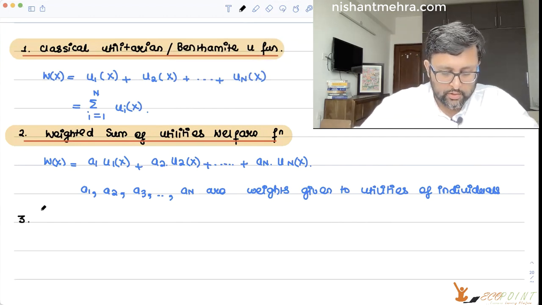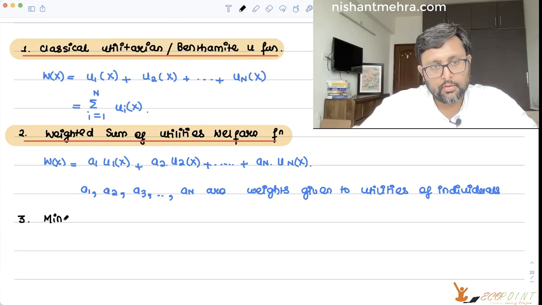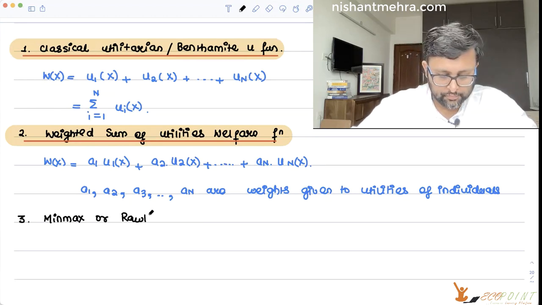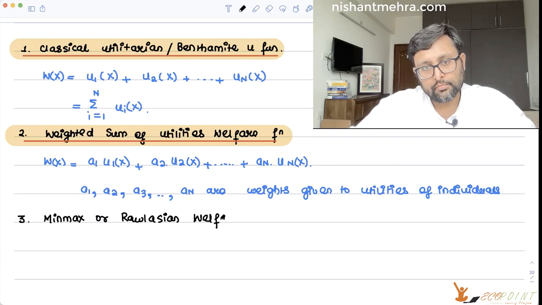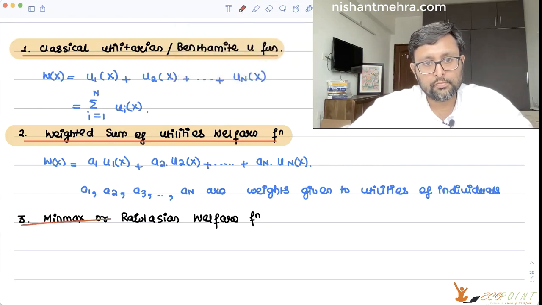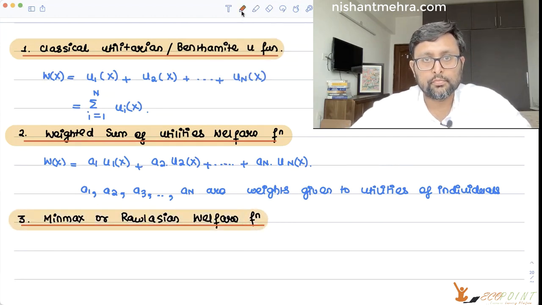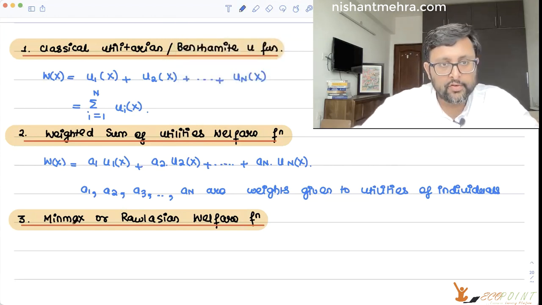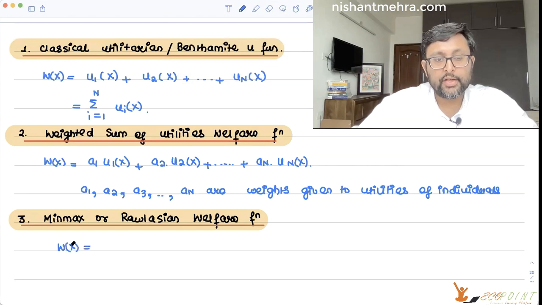Then you have the min-max or Rawlsian welfare function. Here the social welfare depends upon the utility of the poorest individual, or the worst off agent in the economy.